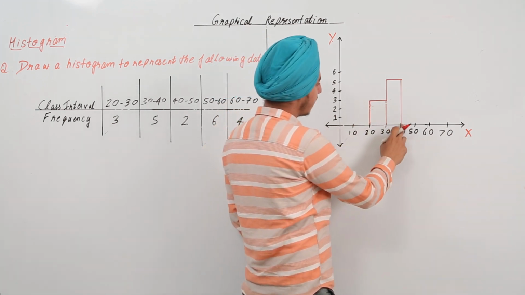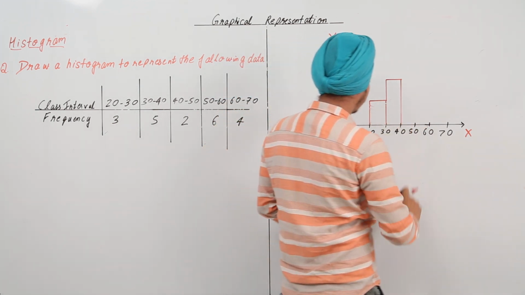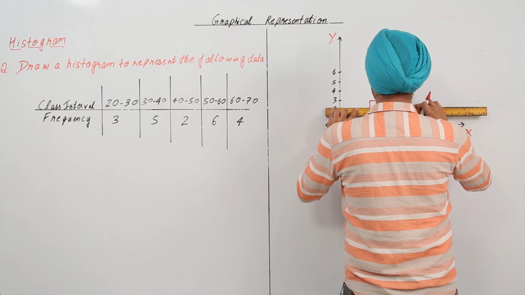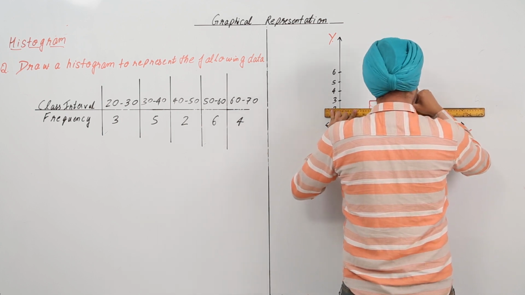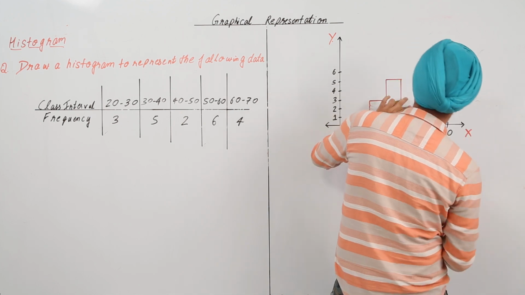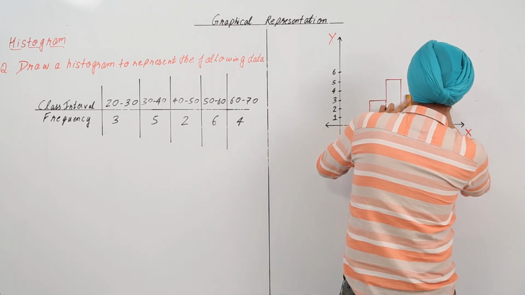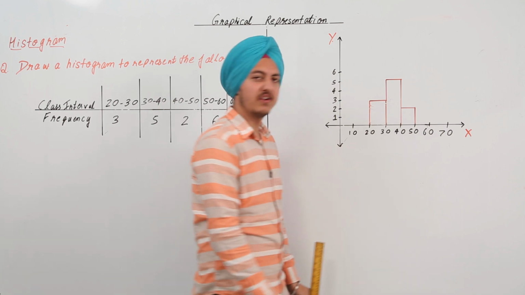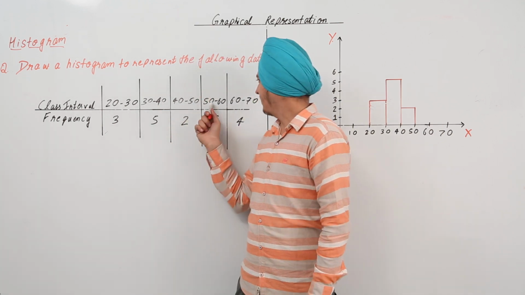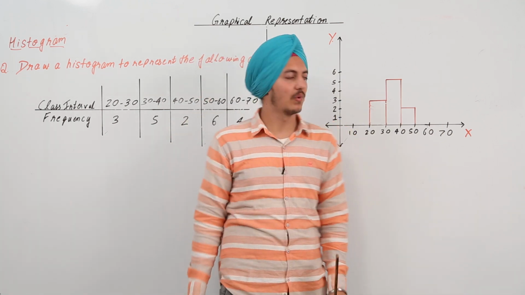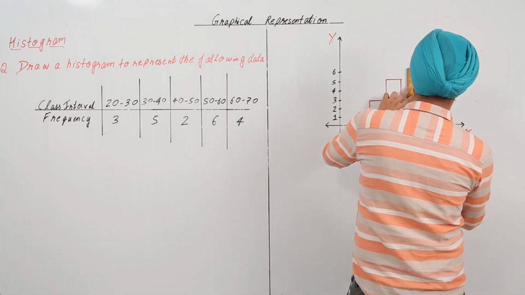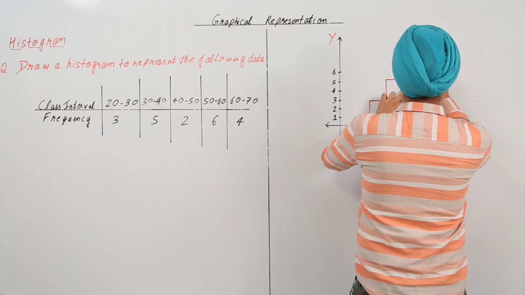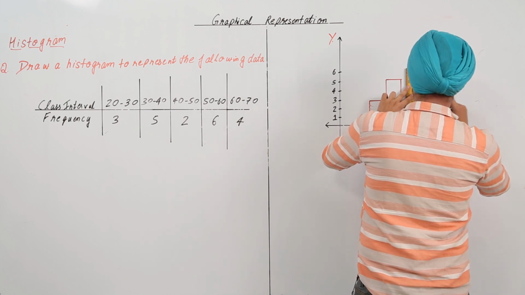So from 40 to 50, we make the frequency equal to 2. So you just construct this from 40 to 50, right? And same way for 50 to 60, we have frequency 6. So from 50 to 60, we take the frequency up till 6. Where is 6? 6 is here, right?